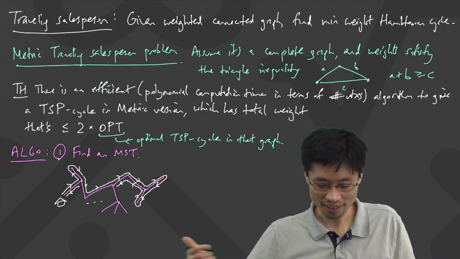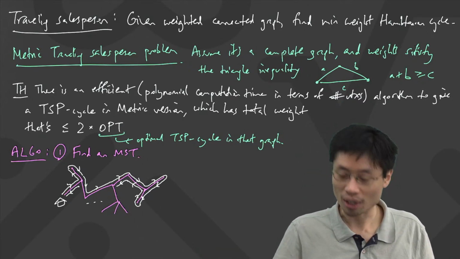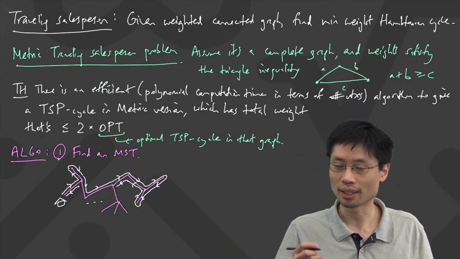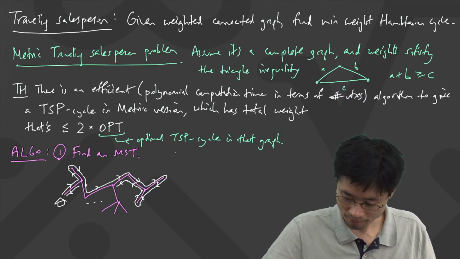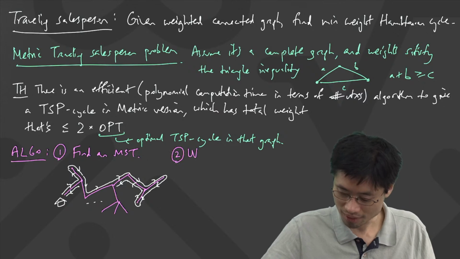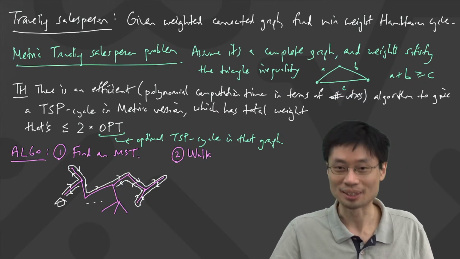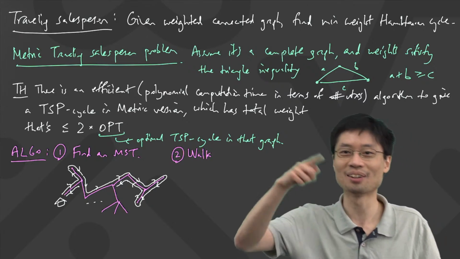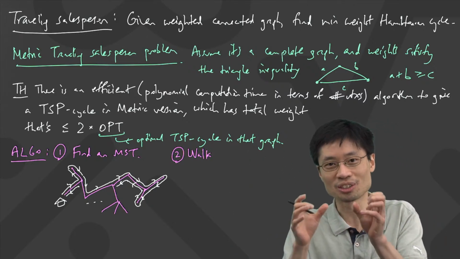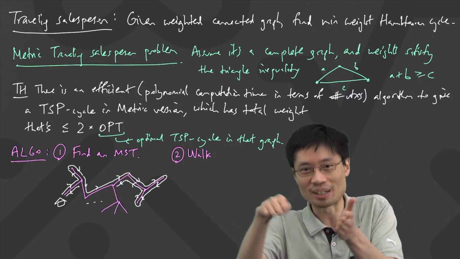And okay, if you do this, the good thing is if you walk around it, then you will get exactly twice the cost of the MST. My walk around is literally around. I'm walking around the MST, visualizing it as if you're actually walking around it.